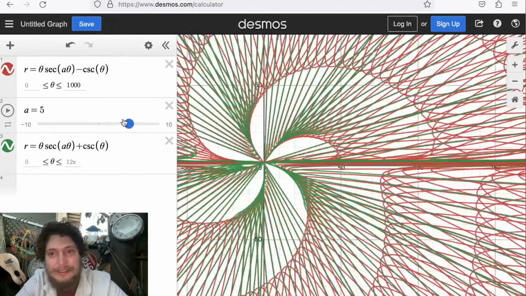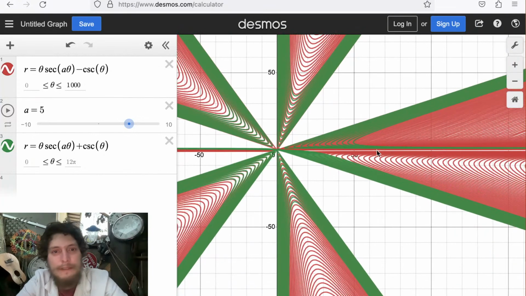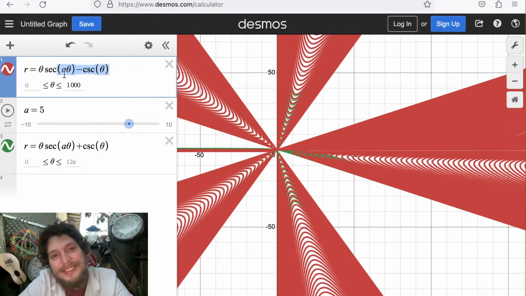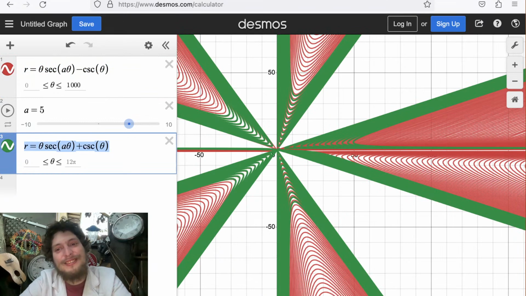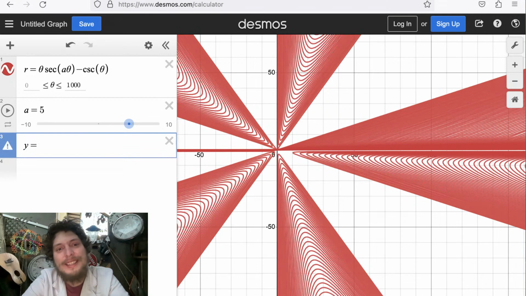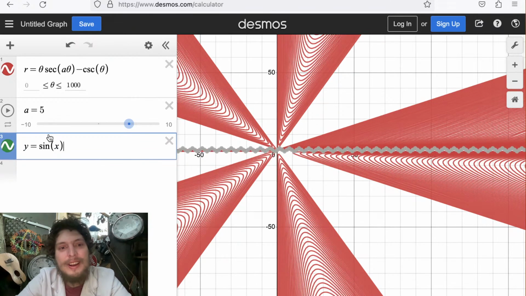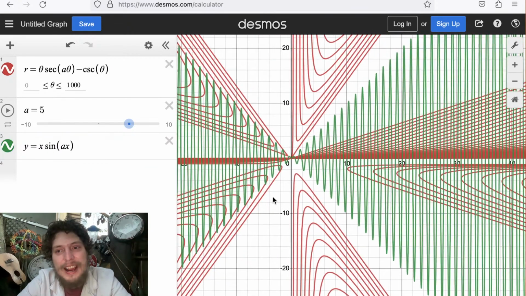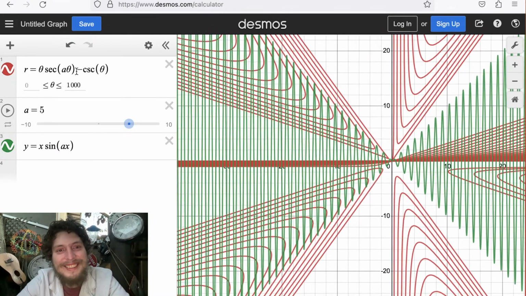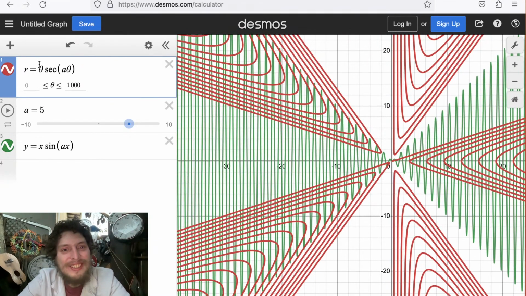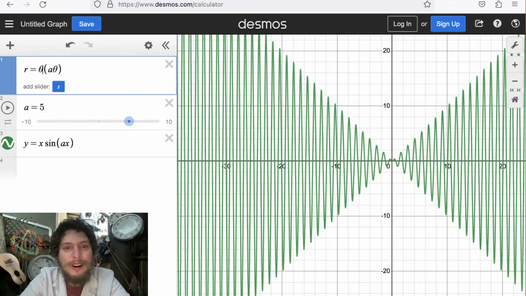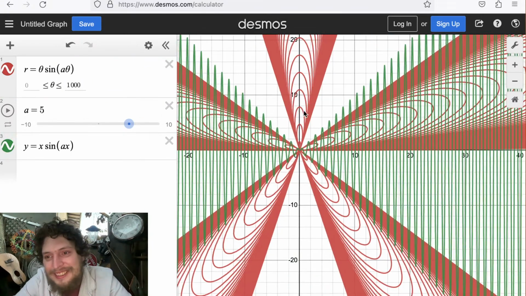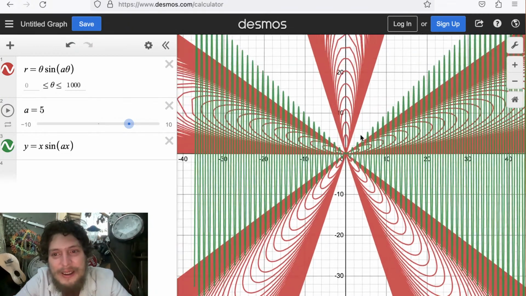Now, I don't know if it's sacrilegious, but what if we try taking one of these and seeing if it lines up in any way with signs of a different type of equation that we involve x's in? Like, if I take x times sine of ax for y and compare it to theta times sine of a theta for r, do these ever line up or bear any resemblance?